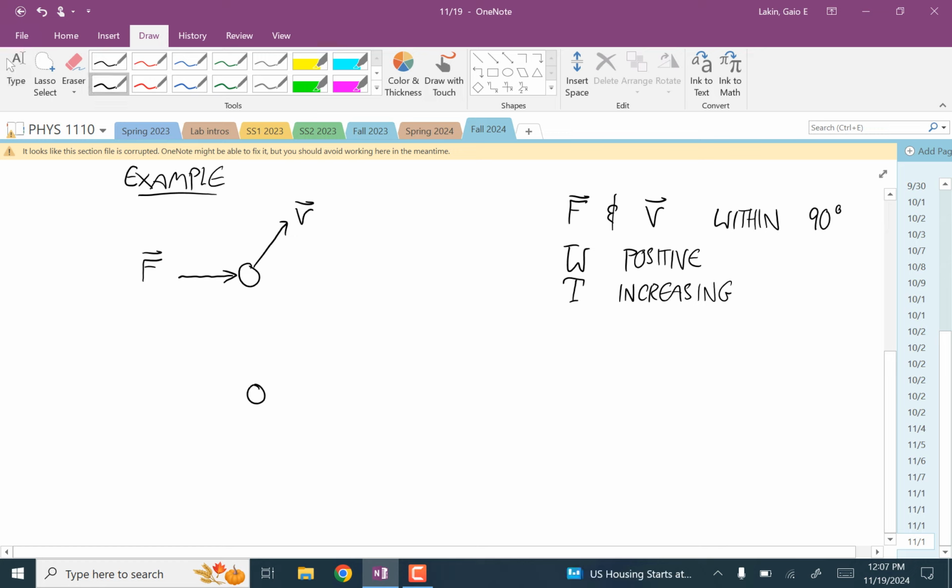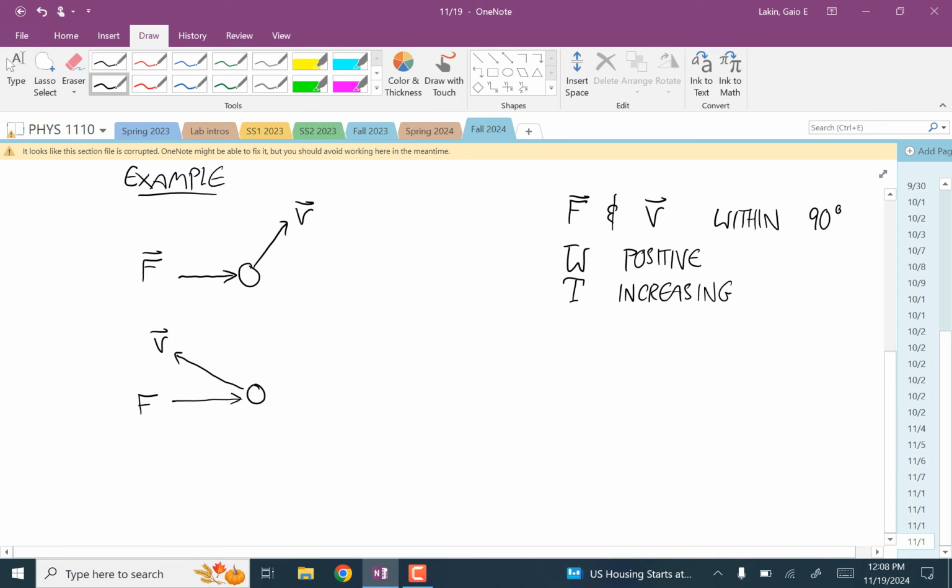What about an object that's moving this way? That's the velocity vector. And you're applying a force to it in this direction. Is that going to increase or decrease the energy?